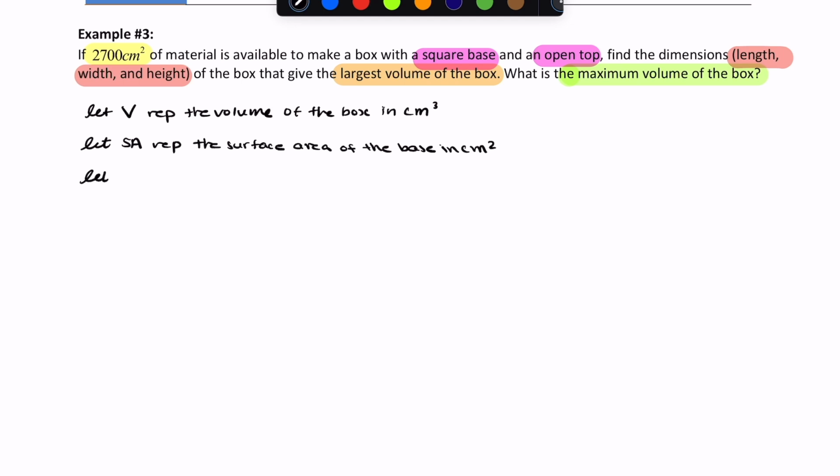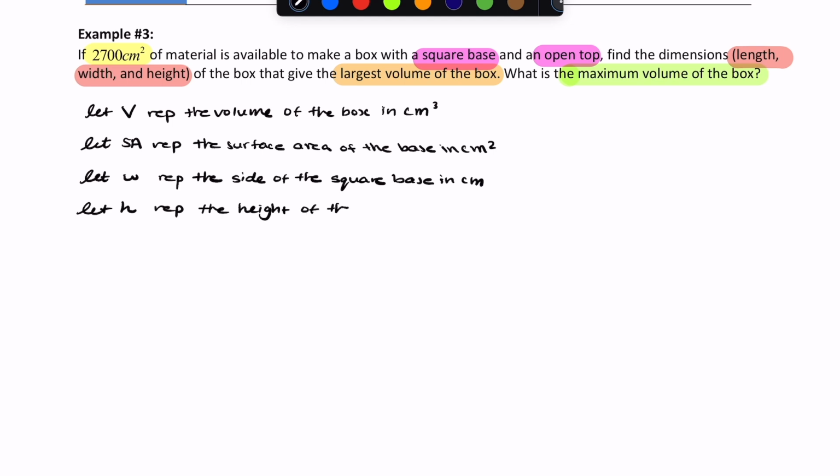We'll let W represent the side of the base or square base in centimeters. And finally, we'll let H represent the height of the base in centimeters.